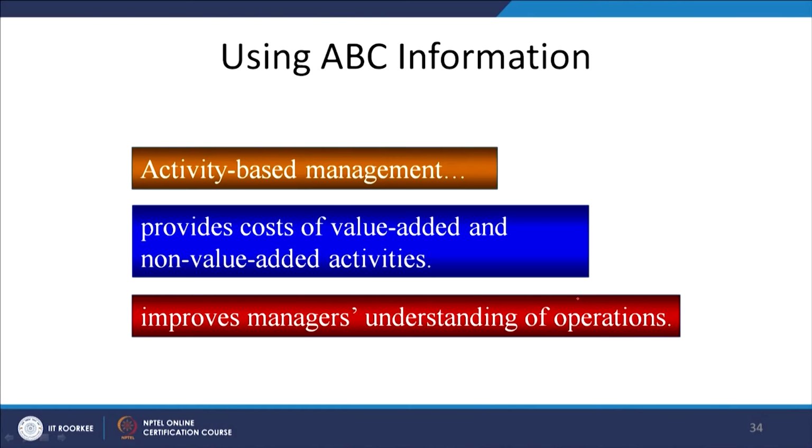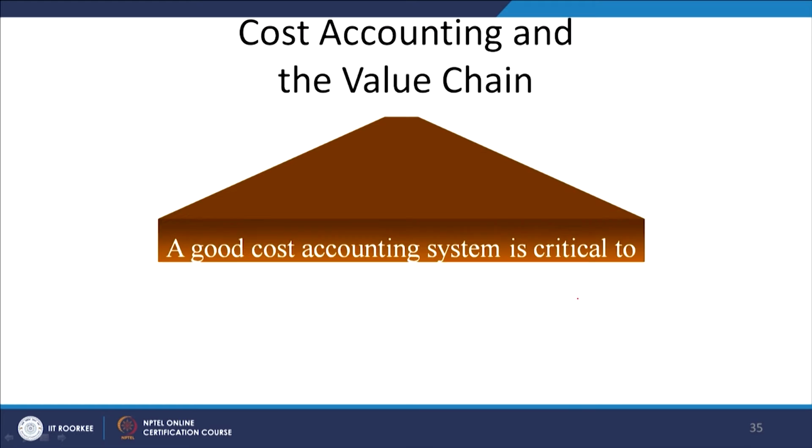So, why add the cost of both activities to a product which is not using a particular activity? It also improves managers' understanding of operations. You understand how to manufacture different products, what cost is associated with those products and how to allocate that cost, and ultimately if you are able to do that, the overall operations of the firm improve.